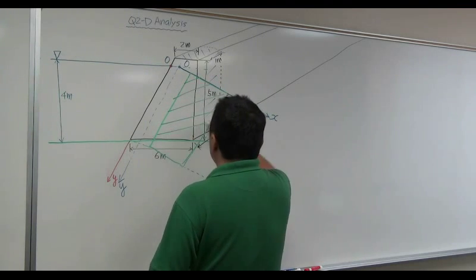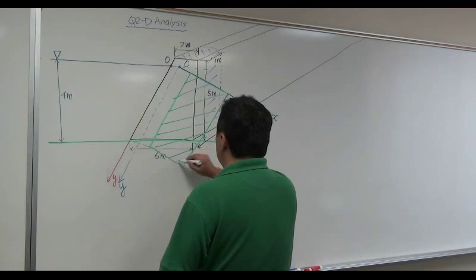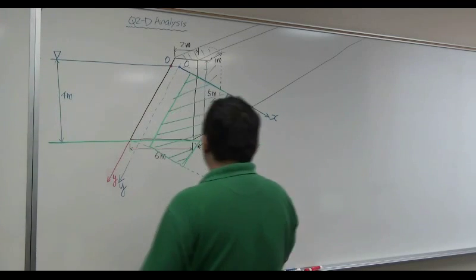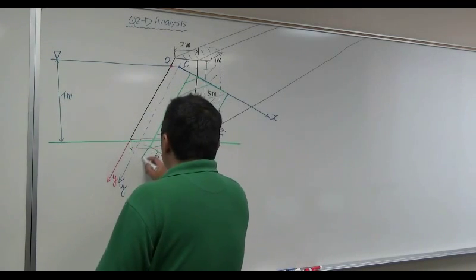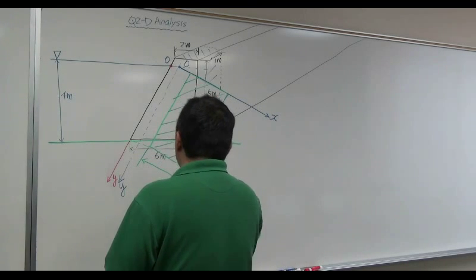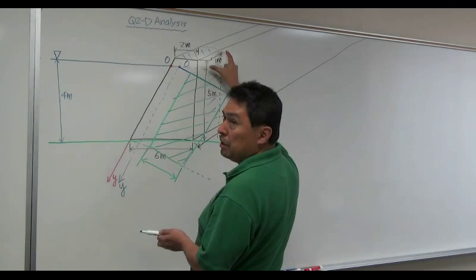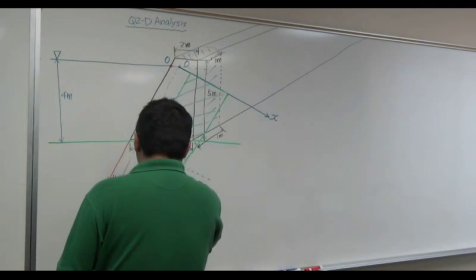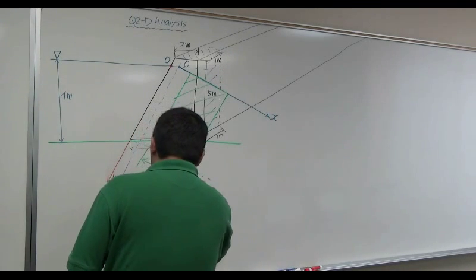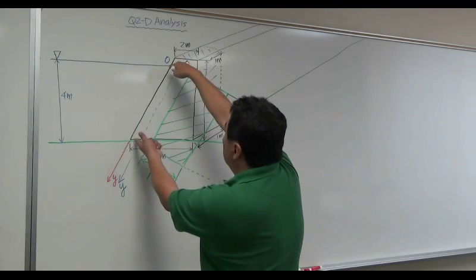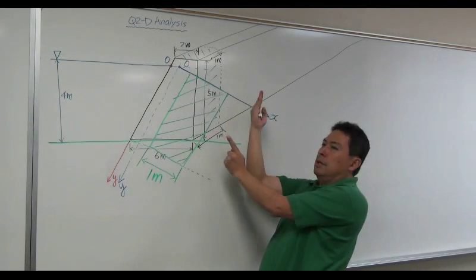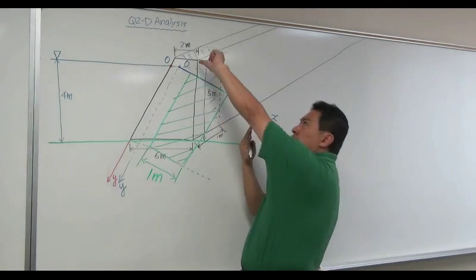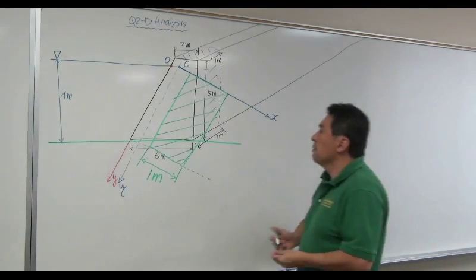This is the entire surface of the plane surface submerged under the water. Keep that in mind, I took 1 meter length. So this is 1 meter. You're looking at this cross section rotated 90 degrees. So this 1 meter, this is 1 meter.